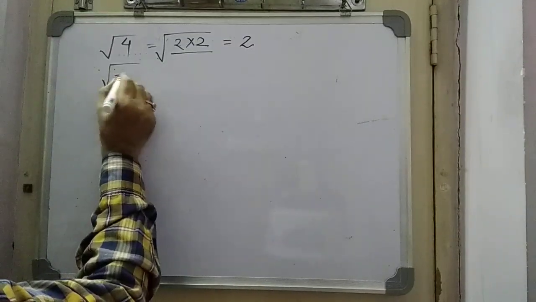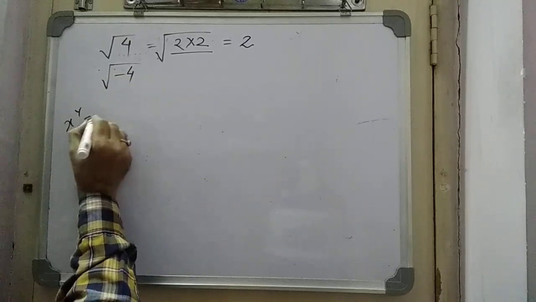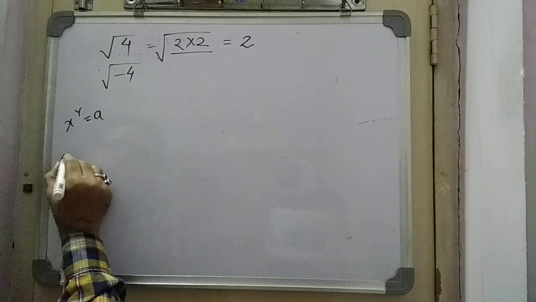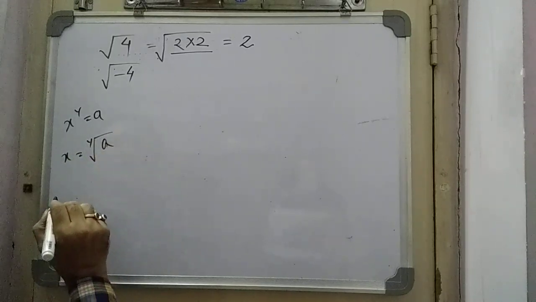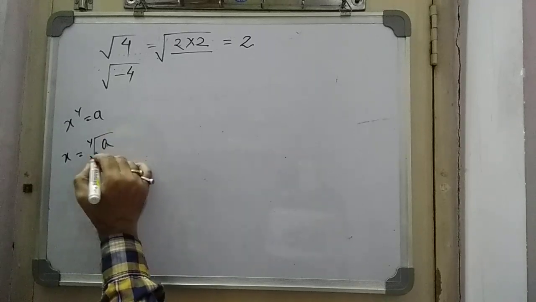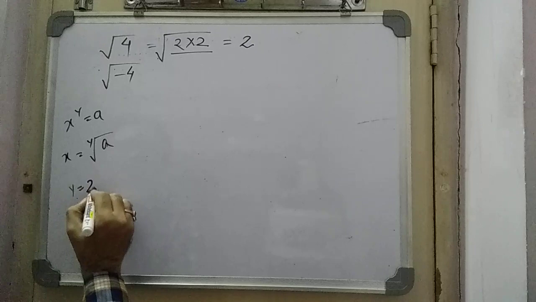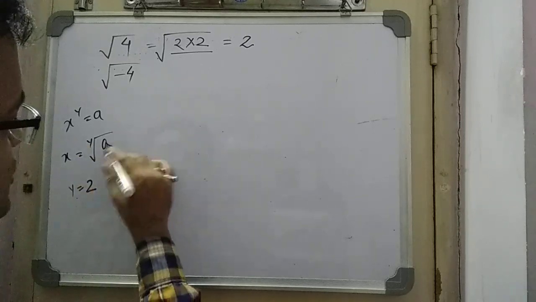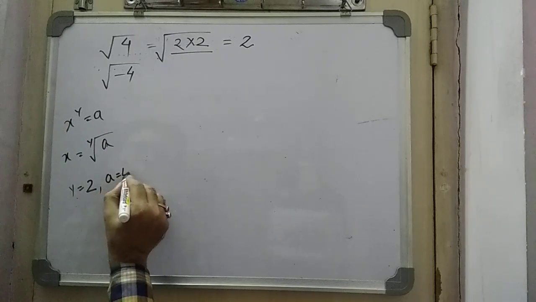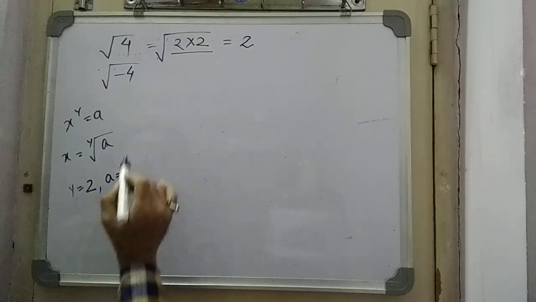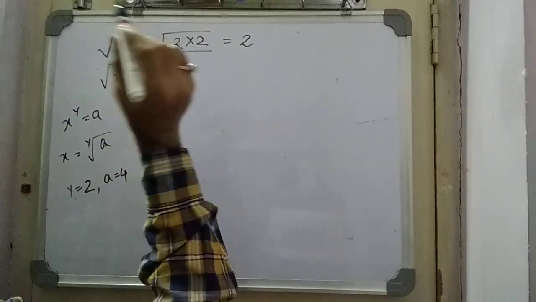Here we have seen x to the power y equals a, so x equals the yth root of a. Here we have taken y equal to 2. When y equals 2, it becomes a simple root, and here we assumed a equals 4, so together this makes the yth root of a as root over 4, and the result is 2.